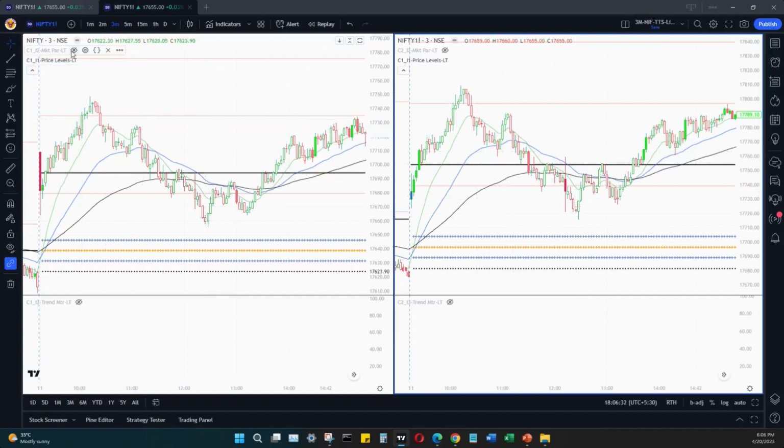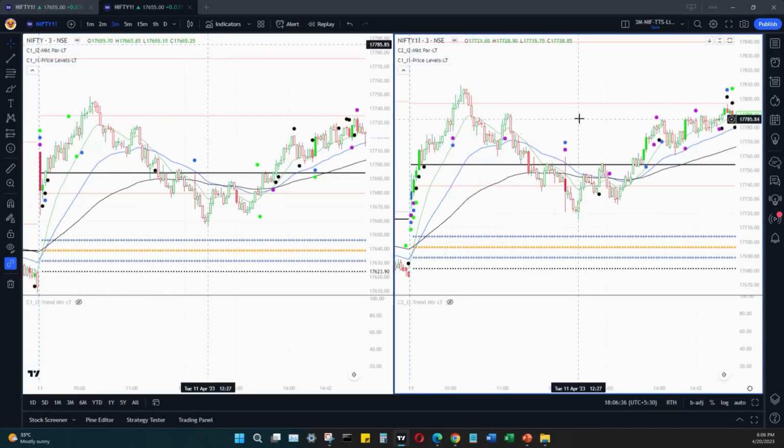And the second indicator is the market participant, which confirms the momentum, because the more the participants, the quicker the move would be. And if you're trading Nifty options, momentum is the most important factor, because the quicker the price moves, the more the option premium moves, and you make a lot of profits.